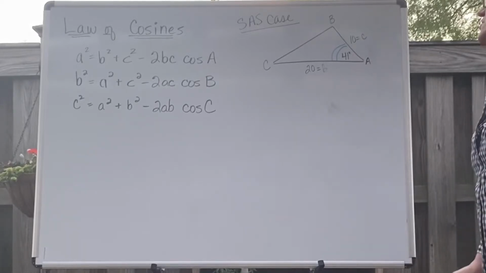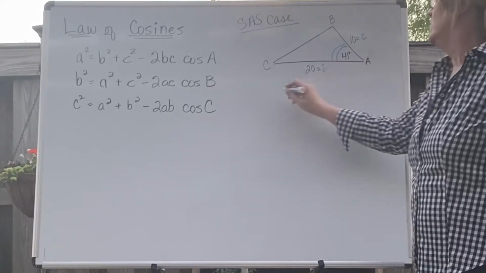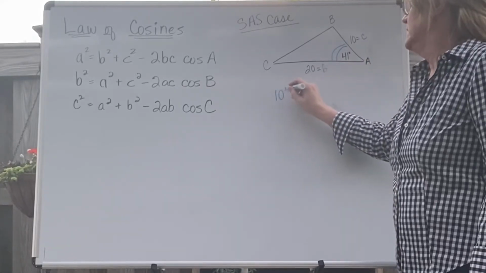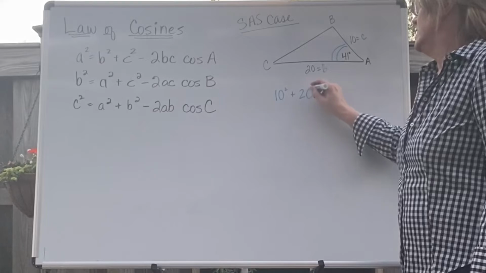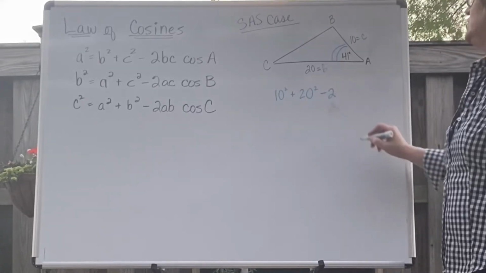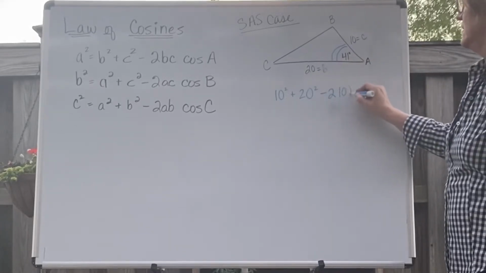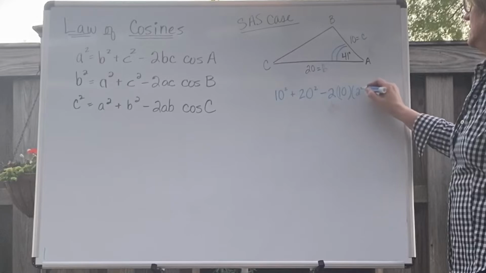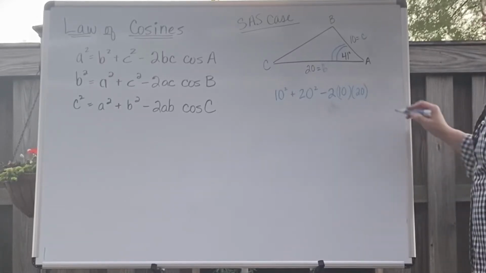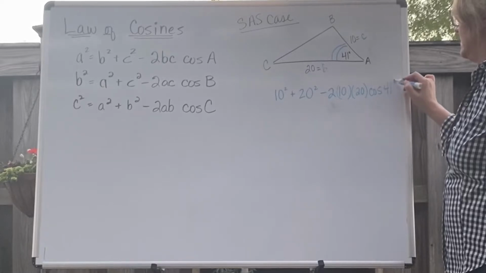So what you're going to do is take the two sides that I know: 10 squared plus 20 squared, and subtract 2 times 10 times 20, and then multiply that by the cosine of 41 degrees.